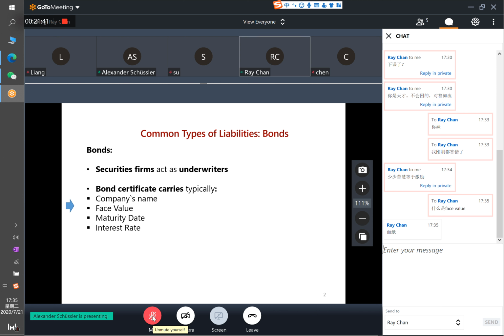The value of the money. Exactly, the value of the money, the principal, at the end of the maturity. Is this what you meant, Raychan?